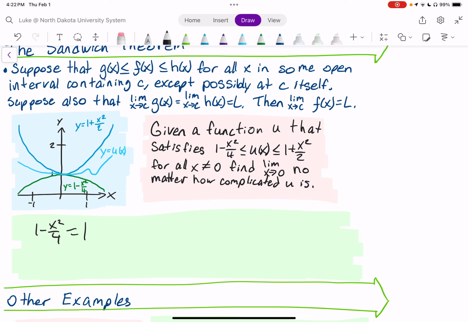That's just going to equal 1. And then the other one would be 1 plus 0, I'm just subbing that in, squared over 2, that's also going to equal 1. So that means that the limit as x approaches 0 of u of x must also be 1.